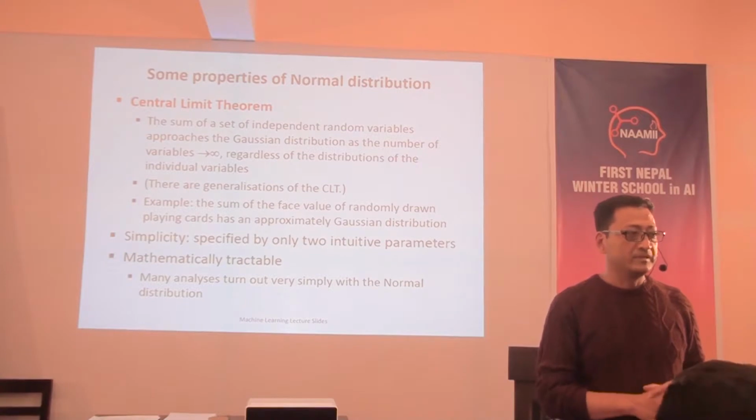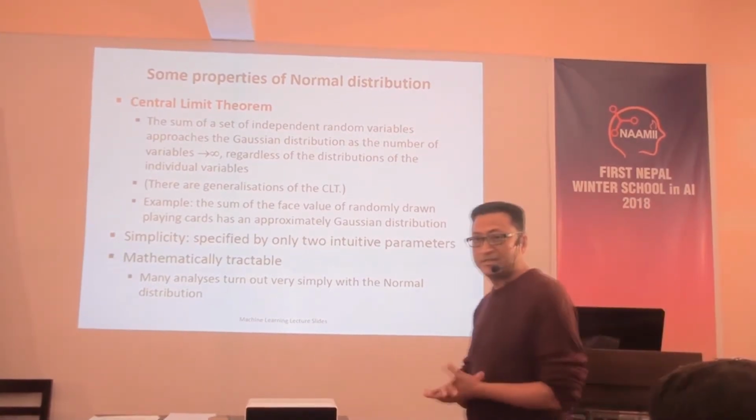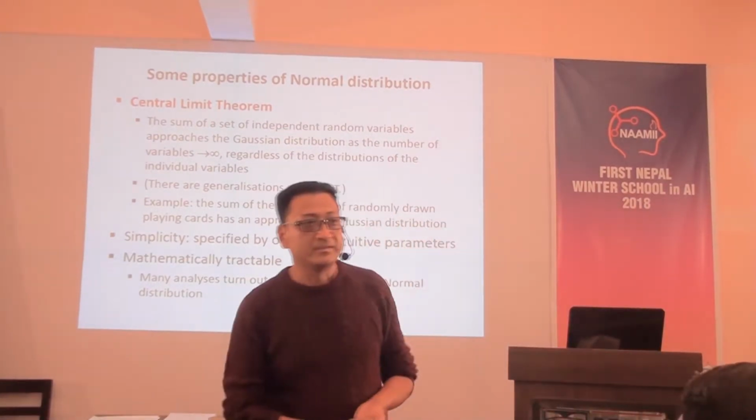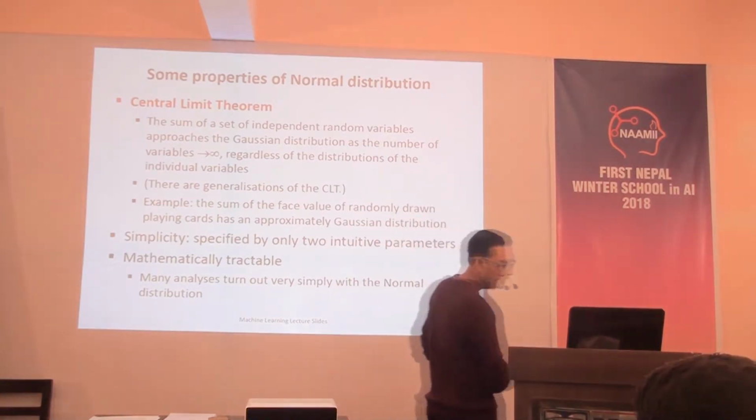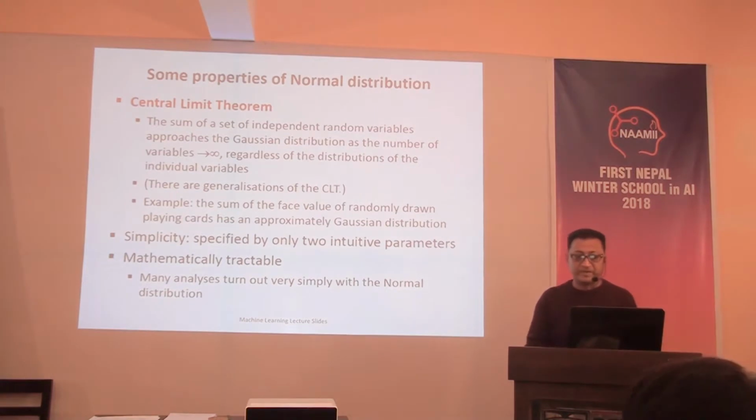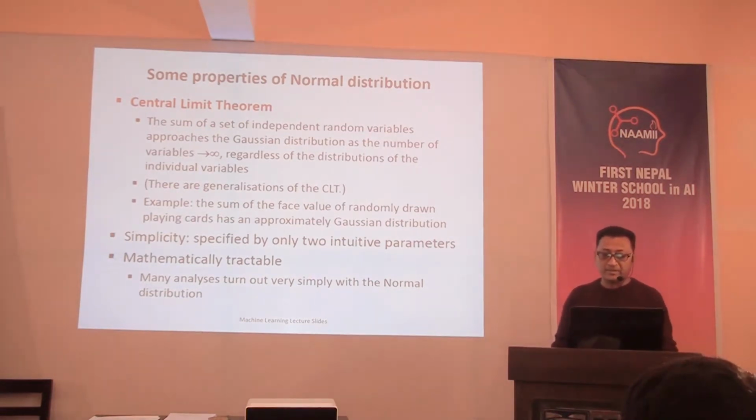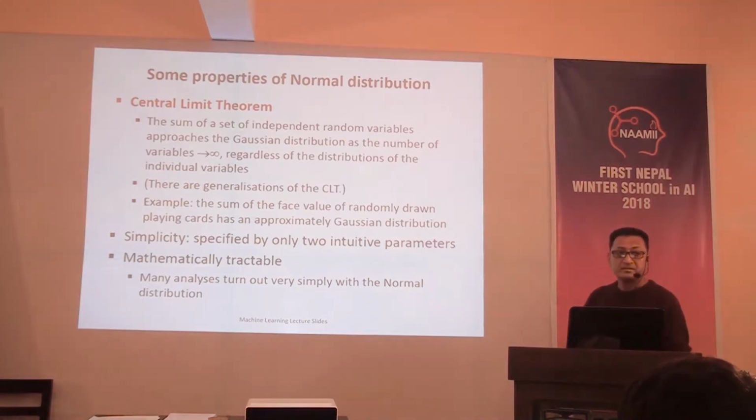Okay? So this is a very celebrated theorem in statistics. For example, the sum of the face value of randomly drawn playing cards has an approximately Gaussian distribution. Okay, so this is the sum.